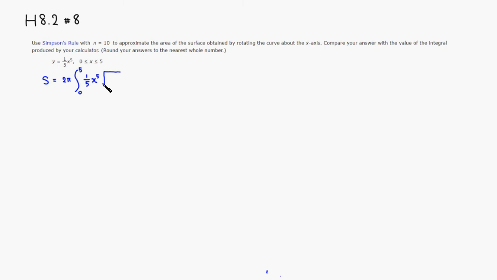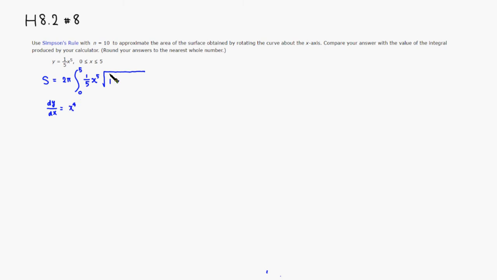So it's a square root of 1 plus, and we have to take the derivative. So find the derivative, dy over dx. It's going to be 5, then the 1/5 and 5 cancel out, so it's actually just x to the 4th power.